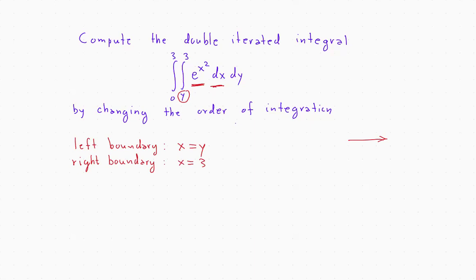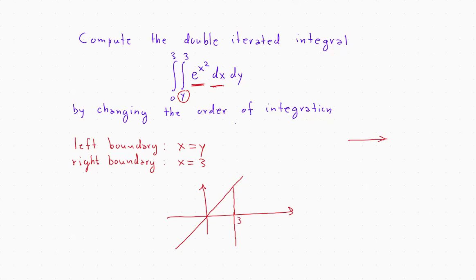So x equals y, or y equals x, if you like, is the bisector of the first quadrant. So it looks like this. And x equals 3 is a vertical line that goes through 3.